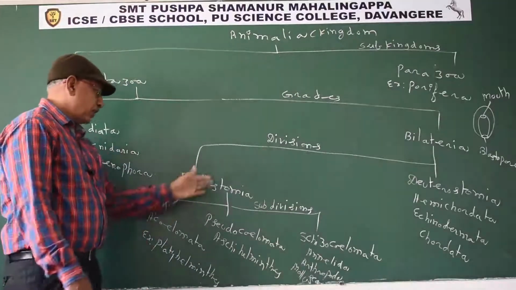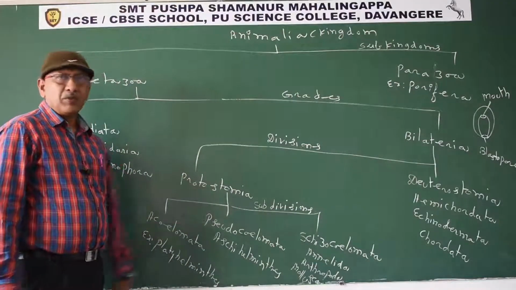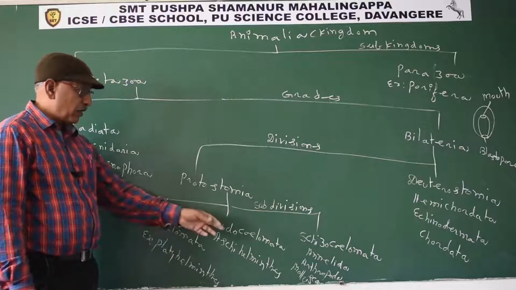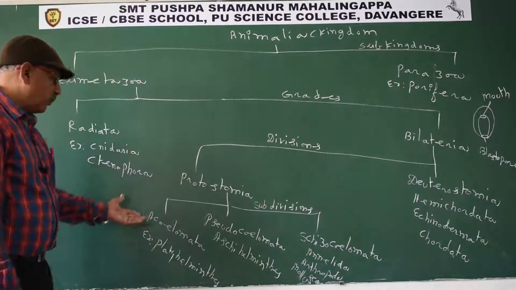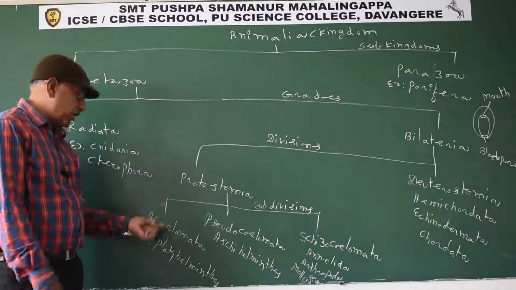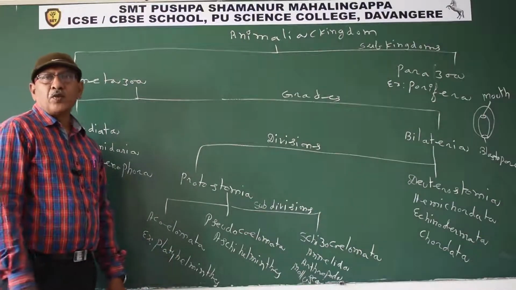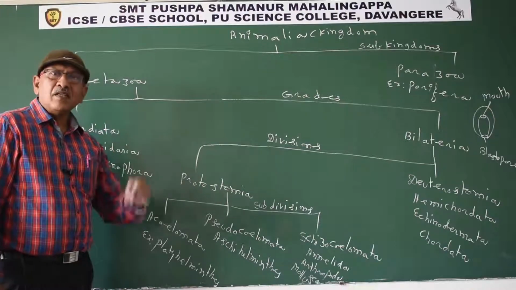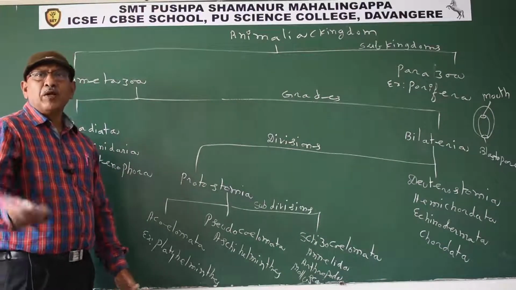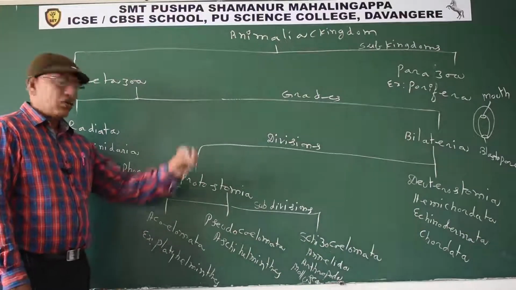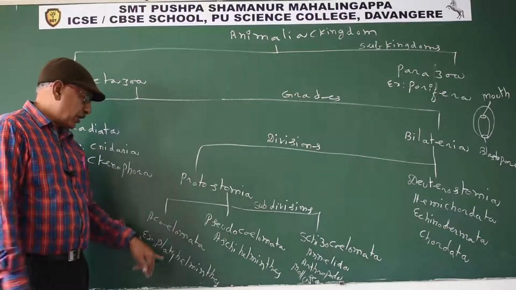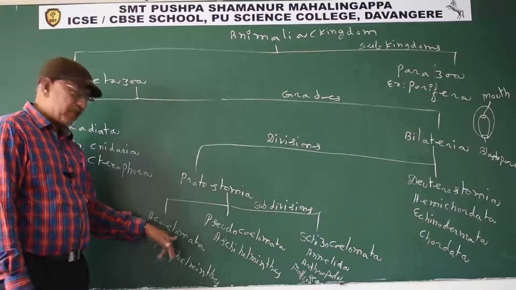Protostomia divides into three subdivisions: Acoelomata, Pseudocoelomata, Schizocoelomata. Acoelomata, we already discussed. A means no coelom. Due to the presence of parenchyma tissue between the body wall and alimentary canal, coelom is absent. So acoelomates are included in subdivision Acoelomata.